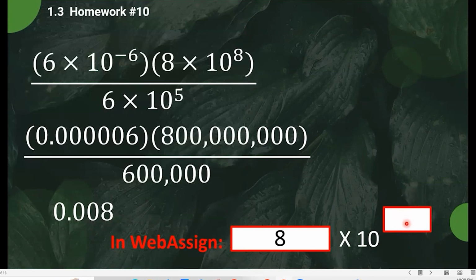What goes here? What do you think? This is a very small number. So hopefully you see that a negative 3 goes there. Okay, so 8 times 10 to the negative 3rd. Alrighty.